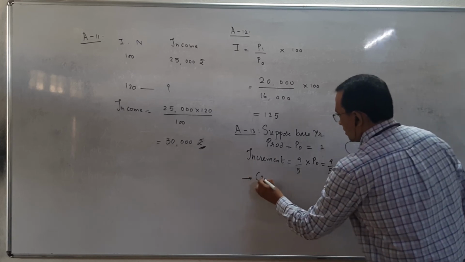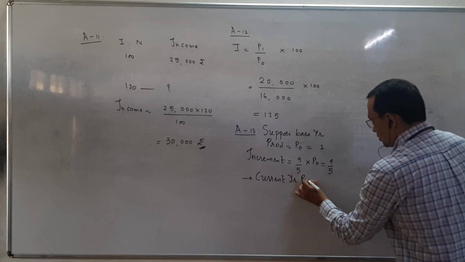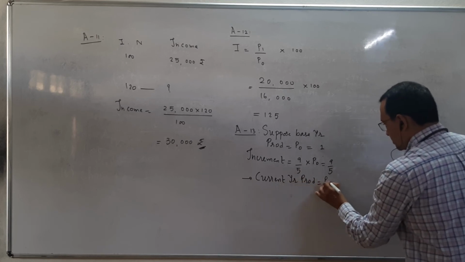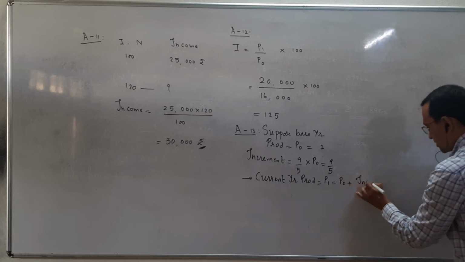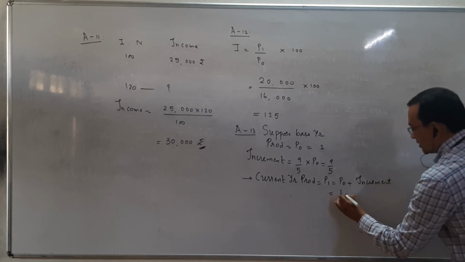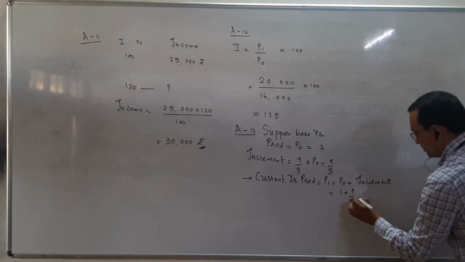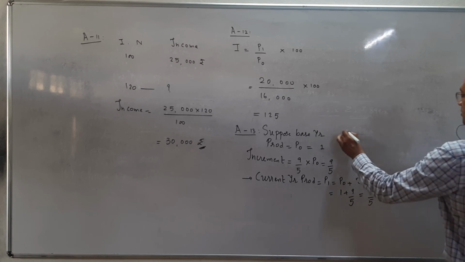So the current year's production P1 will be base year's production plus increment, and this will give us 1 plus 9 by 5, which is 14 by 5.